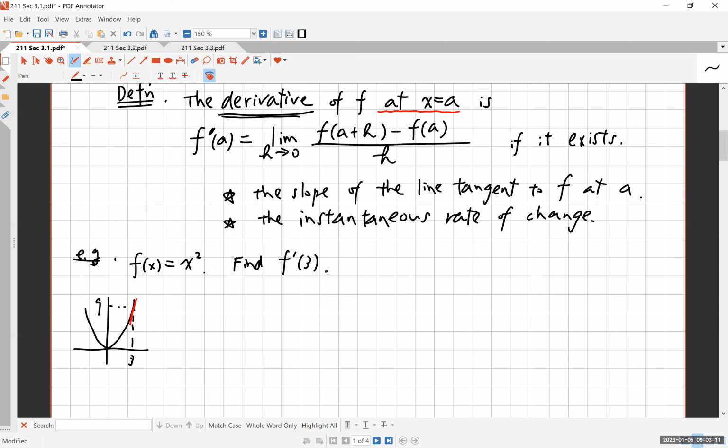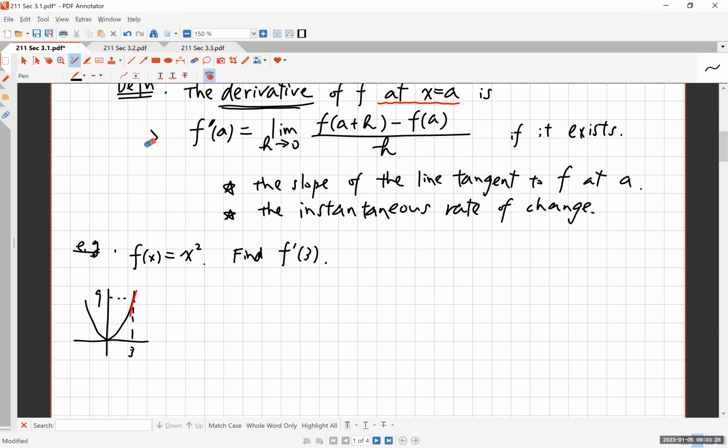Now, if I ask you this in 2 weeks, you can give me the answer right away, like within a second. So what is the derivative of x squared at 3? And you'll say, oh, the answer is... okay, but not yet, because as of right now, this is the only thing we have, right? And so we are going to work out this limit. So what is that?